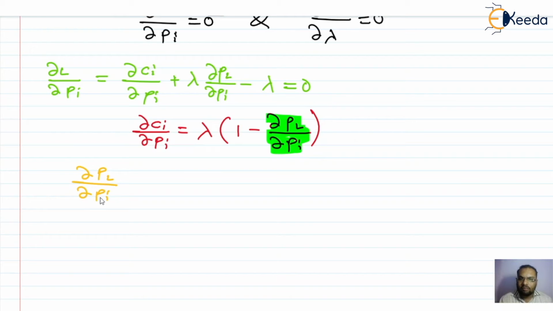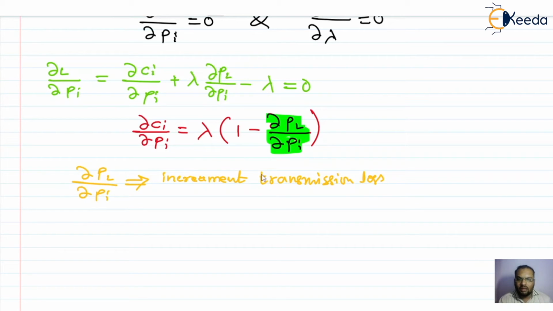For a small change in power output, what will be the small change in the power loss? So from this, we can consider this fraction as incremental loss, or incremental transmission loss. Better we write incremental transmission loss.